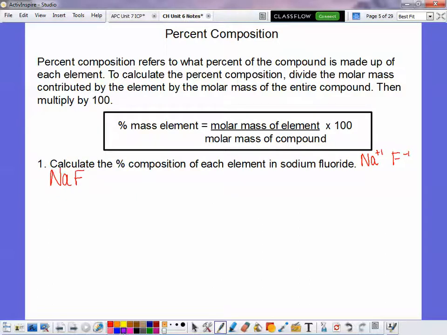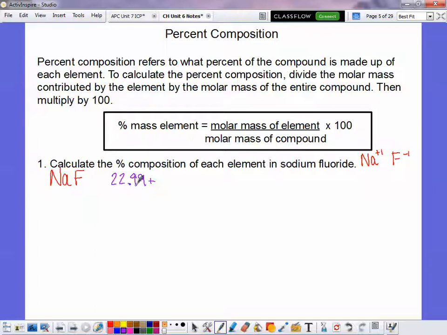Okay. So now we're going to have to calculate the entire molar mass, and then we'll do the percentages. So looking at the periodic table, we have one of each, so it's just going to be sodium's mass plus fluorine's mass. What is sodium's mass rounded to 2 decimal places? 22.99.